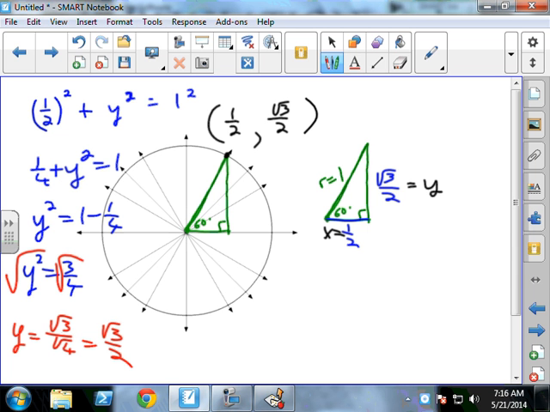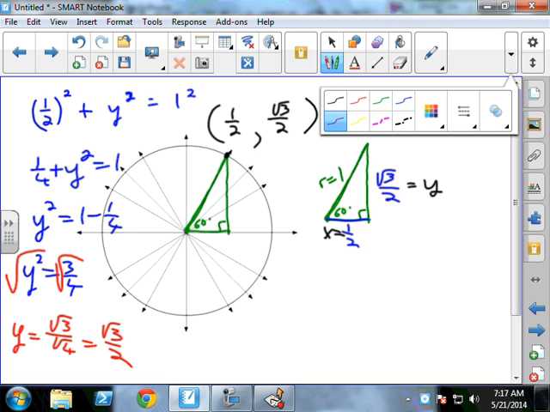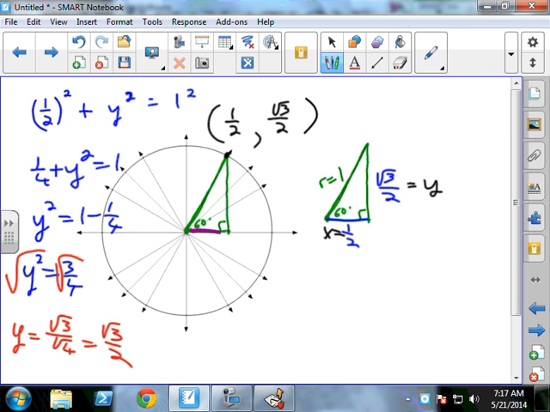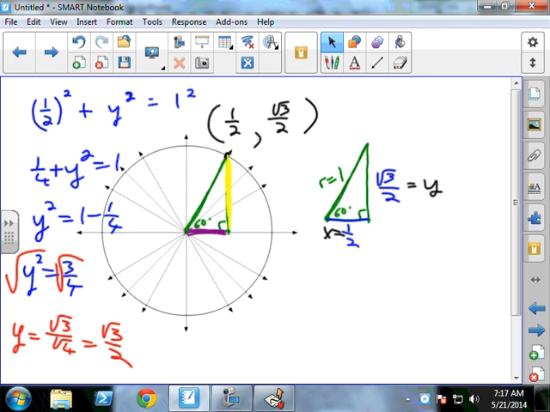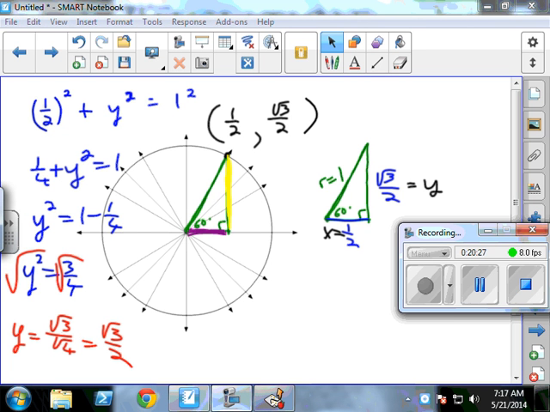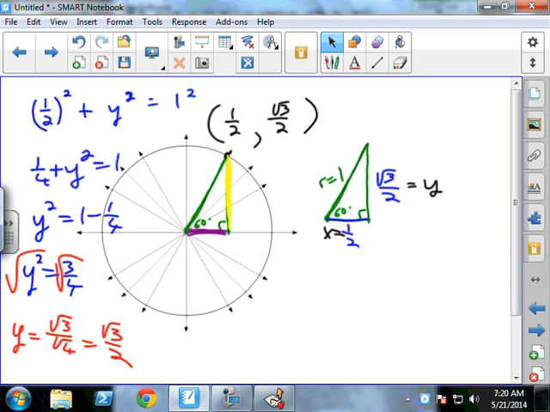So you might say to yourself, well, how do you tell the difference between the two? Well, this is what I do. I look at this horizontal length, and then I compare that to this vertical height. That's what I do. And you might say, well, what does that have to do with anything? Well, I'll get to that in a second. So we're trying to figure out, of these two, this half and rad 3/2.